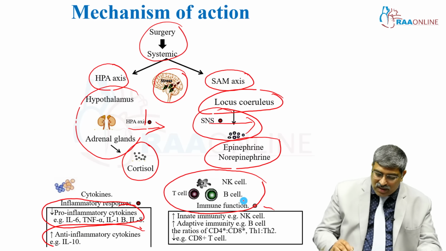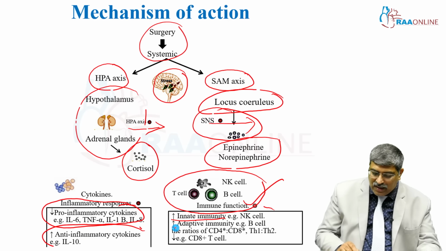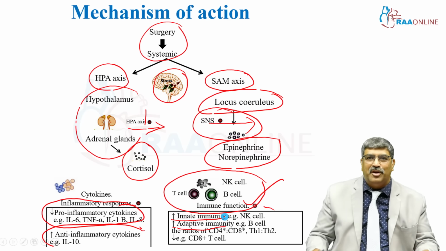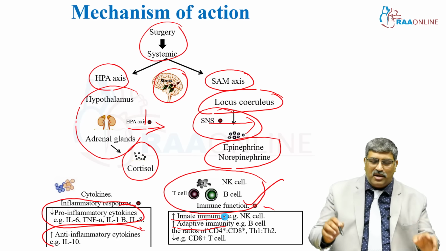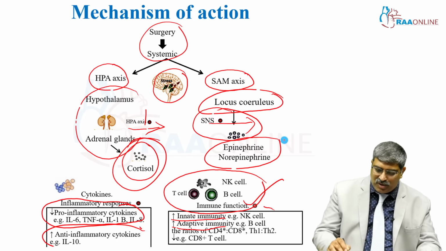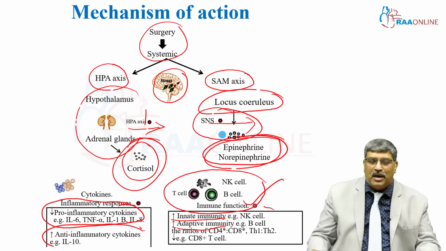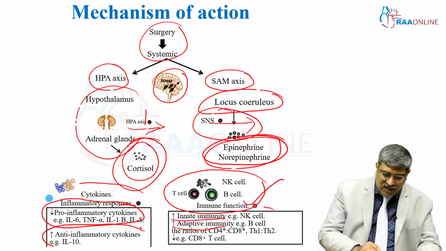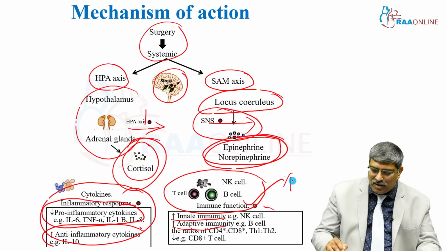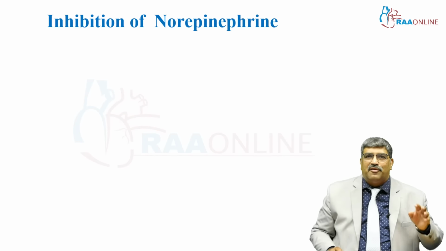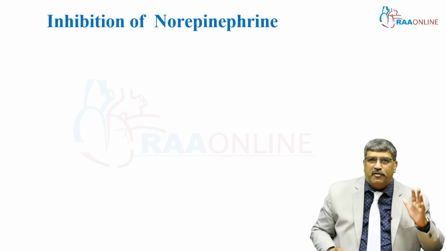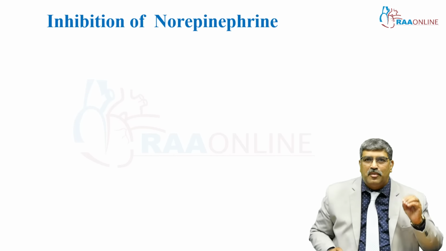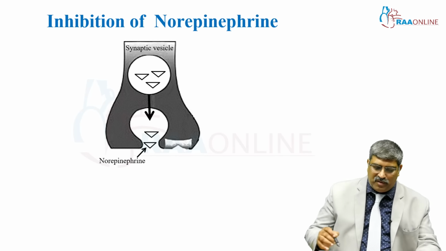And it improves the immune function, it improves the innate immunity and increases the adaptive immunity too. So, with dexmedetomidine, you reduce cortisol, you reduce norepinephrine and epinephrine, you reduce the inflammatory mediators and improve the immune function too. The foremost action of dexmedetomidine is to prevent the release of norepinephrine.